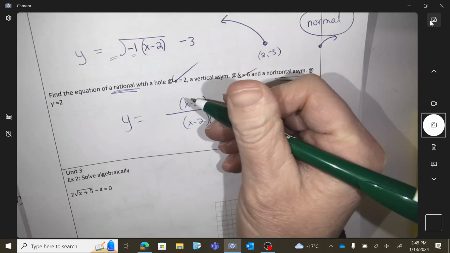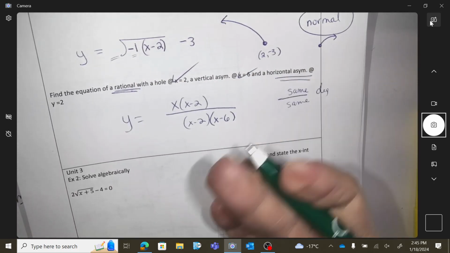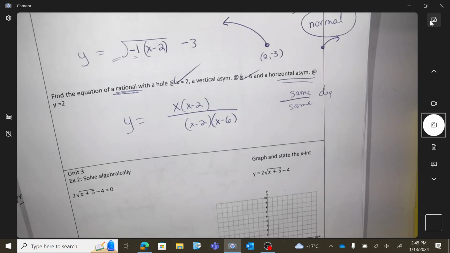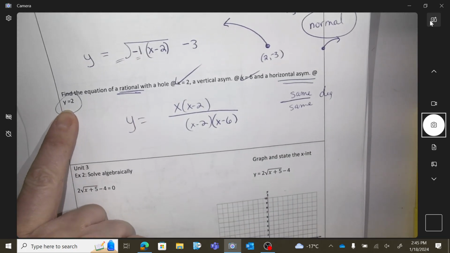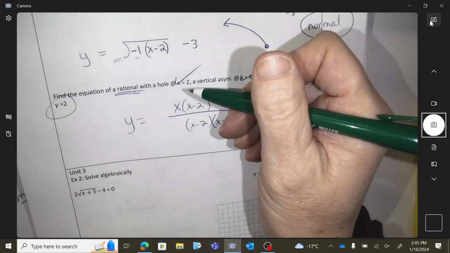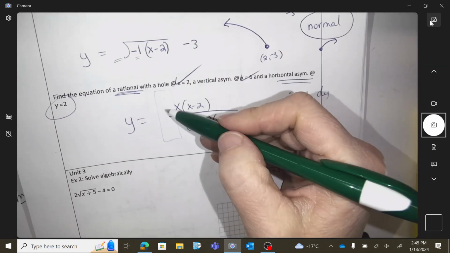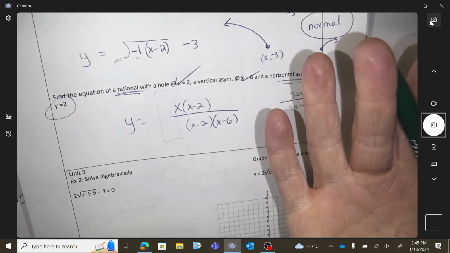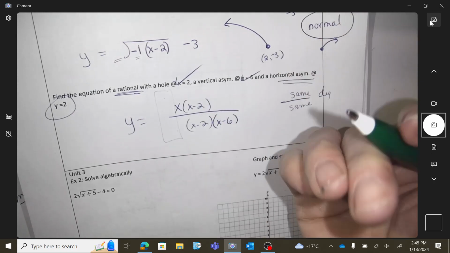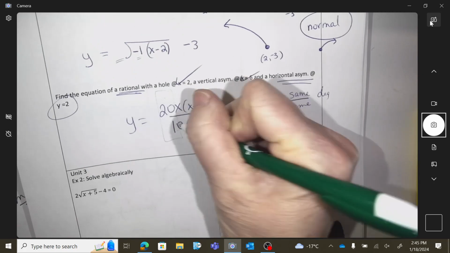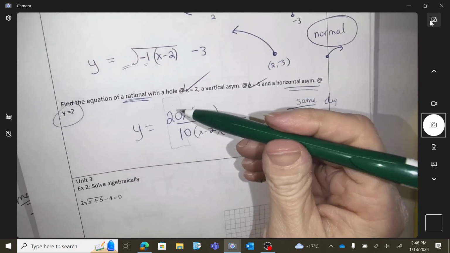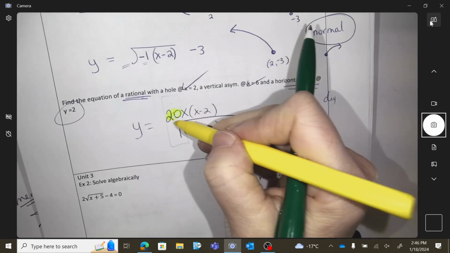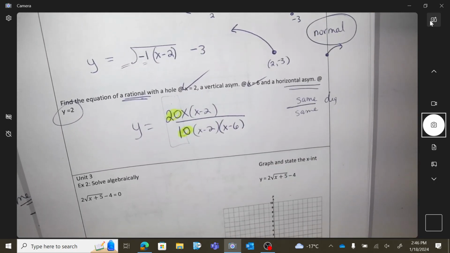Times by any more x. You can just do x, you can do x plus 10, whatever. But I need this number to be a 2. So something divided by something in the front needs to make a 2. So you can do whatever you want. You could do like a 20 and a 10, or just a 2 on the top. As long as your numbers divide by and get 2.